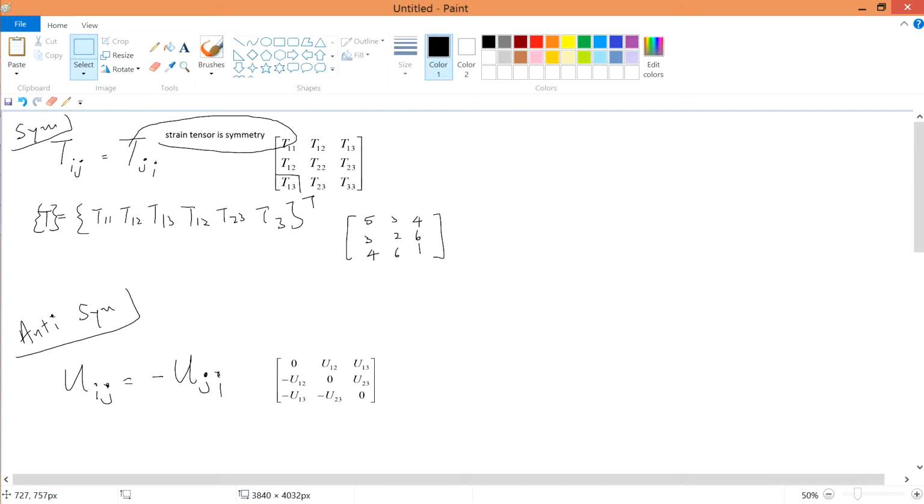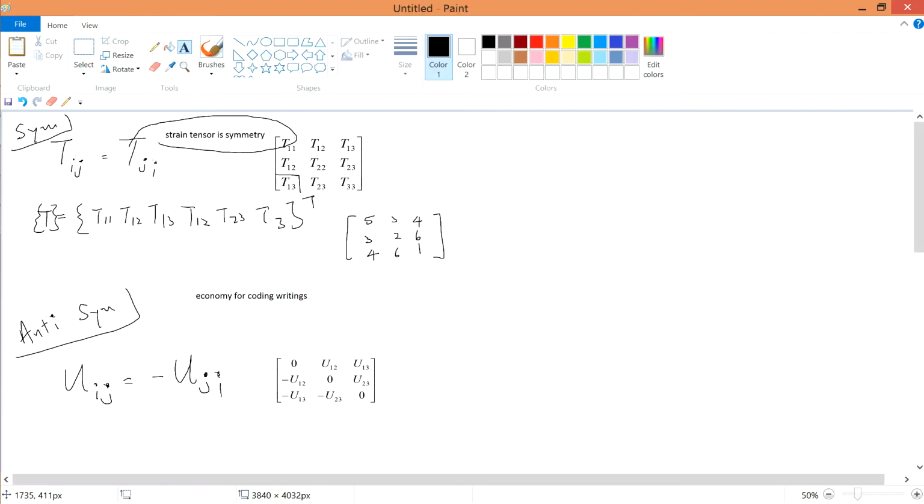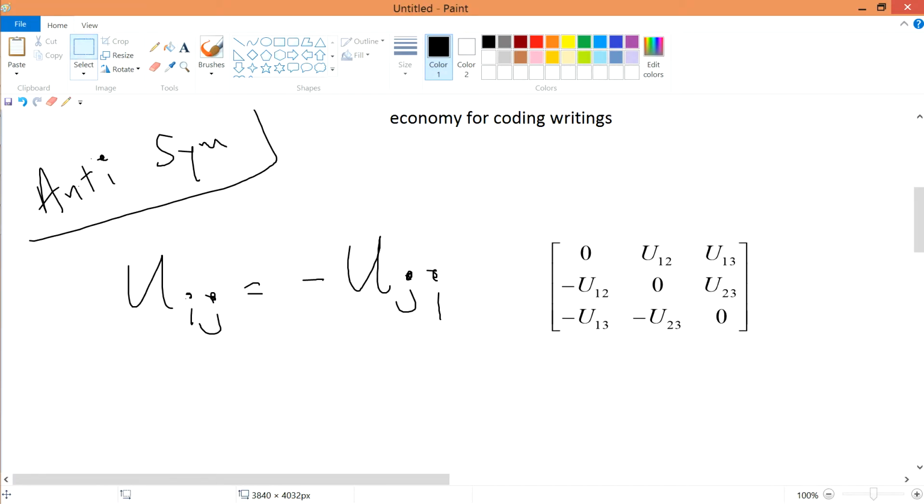So it's more economical for coding. And this anti-symmetry, alternatively, you can call a skew symmetry.